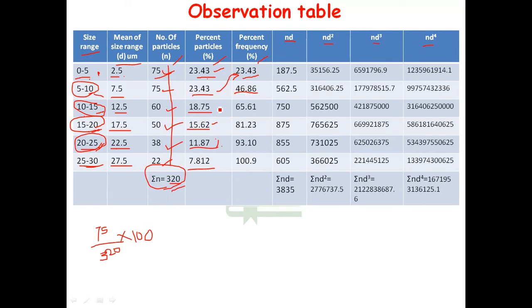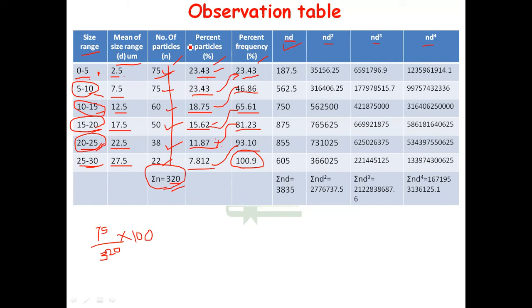To this 46.86, we add 18.75. It gives you 65.61. To this value, we add 15.62. It gives you 81.23. Plus 11.87, 93.1. Plus 7.82, 100.9.